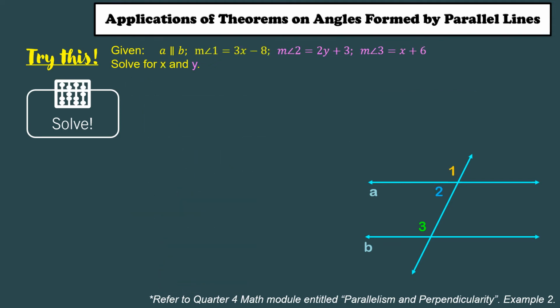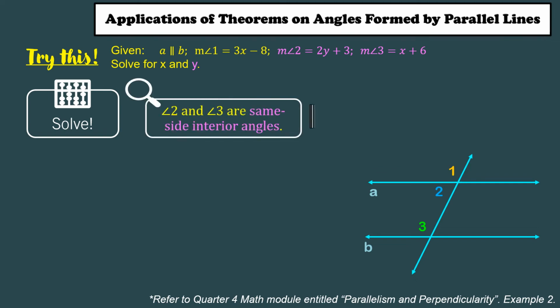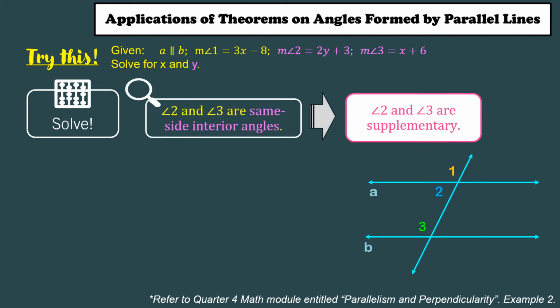Next, we solve for y by working on what we've learned about angles 2 and 3. Since angles 2 and 3 are same-side interior angles, this means that angles 2 and 3 are supplementary to each other. We write that idea as the measure of angle 2 plus the measure of angle 3 is equal to 180 degrees, or simply 180.